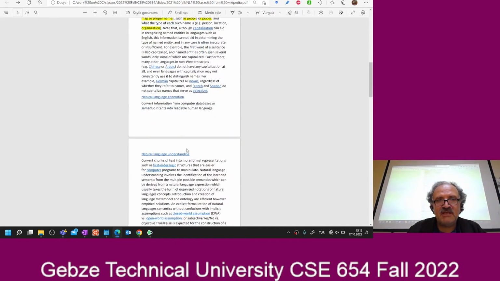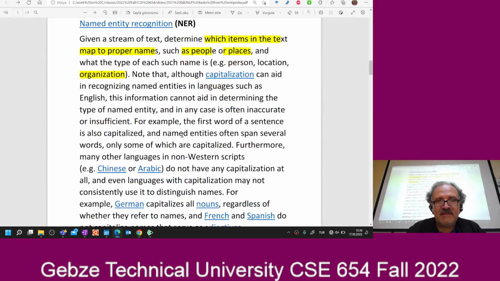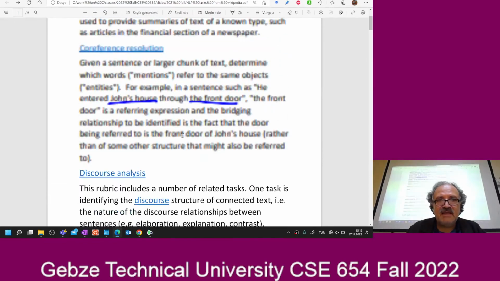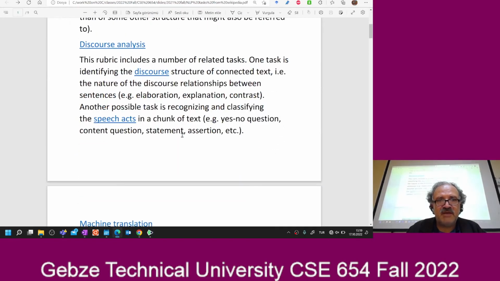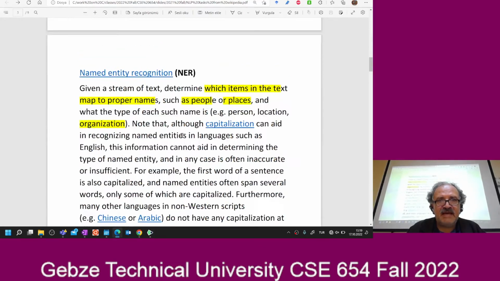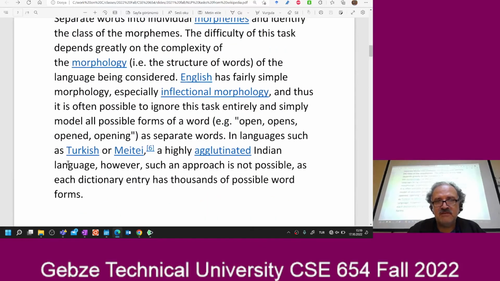What did the slide say previously? Morphological segmentation. Morphological segmentation is something easy for English, but for languages as complicated as Turkish, it is not that easy. For English, you don't have to do much morphological analysis because when you take the word open, it is either the verb open, opens, open, then opening, that's it, right?